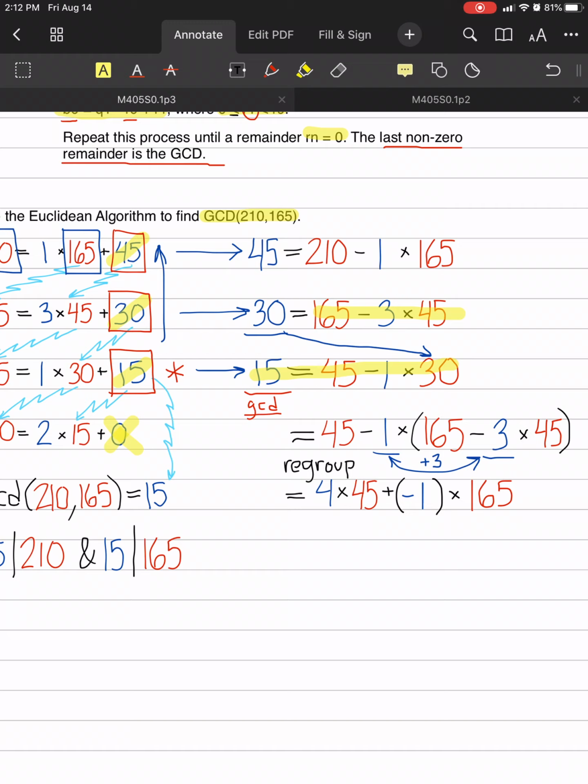Now, pause this and figure out for me what we should do next. We've done one step here, or maybe 2 steps depending on how you talk about it. But pause this and figure out what we should do next to get closer to what we want. Remember, we want 15 equals something times 210 plus something times 165.